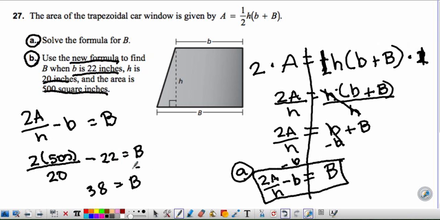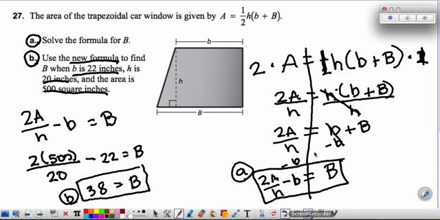Equals B. And so that's our answer for the second part of our problem. And that's it. Any questions on this problem? Everybody's okay?